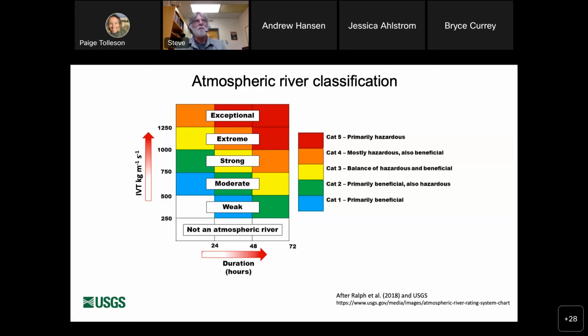Events this big are really pretty rare in the record. June atmospheric rivers do occur, of course, but they're pretty rare, and especially one of this magnitude. So I thought it'd be interesting to model this atmospheric river with our regional climate model, just to diagnose it and give you some idea of what they look like.